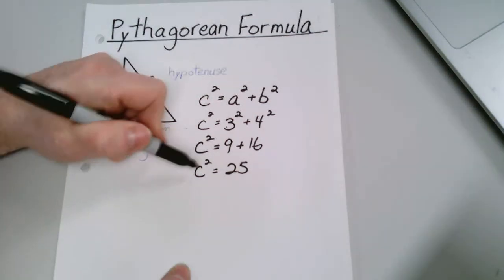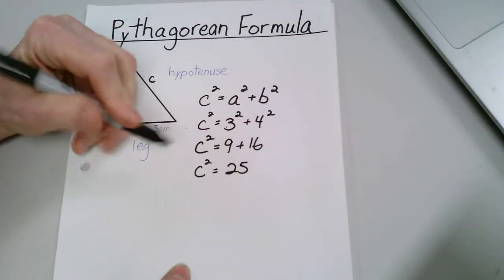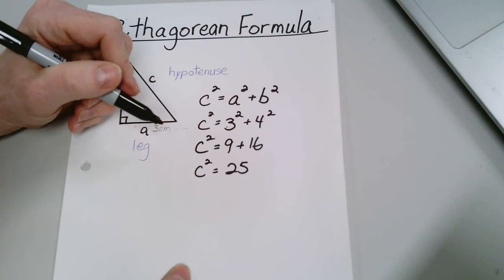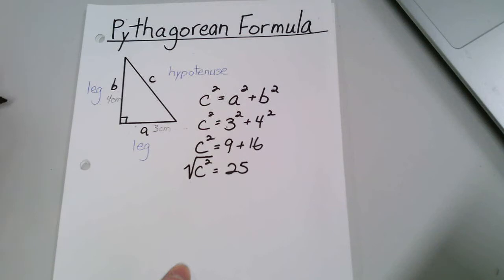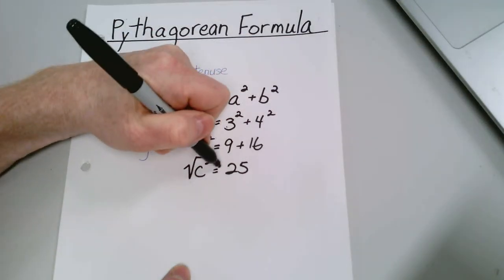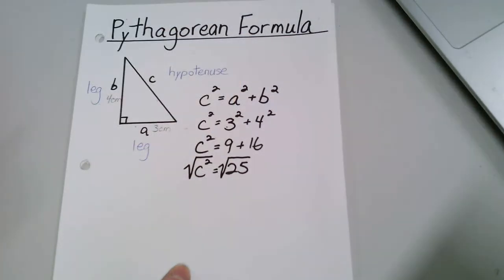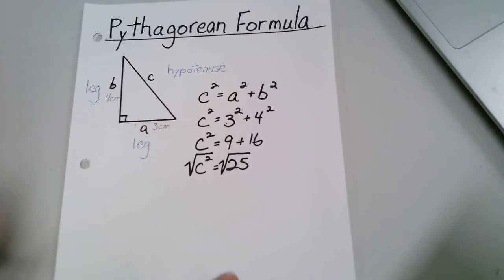So what is being done to the variable C here? It's being squared. So what would be the opposite of squaring something? It would be finding the square root. There's the radical sign. We do them on both sides to keep everything equal.